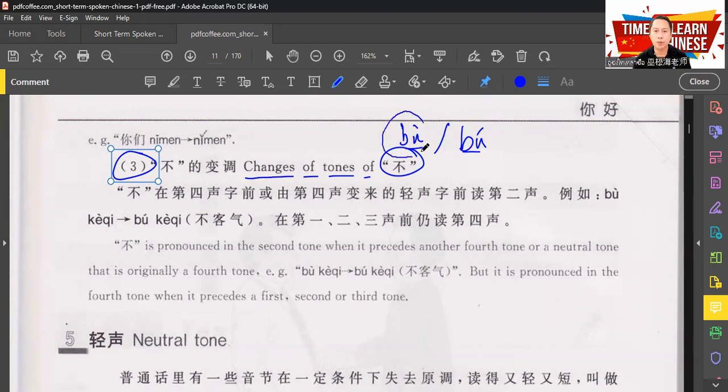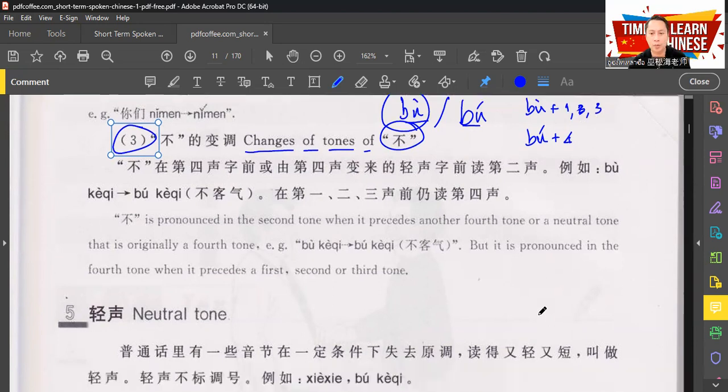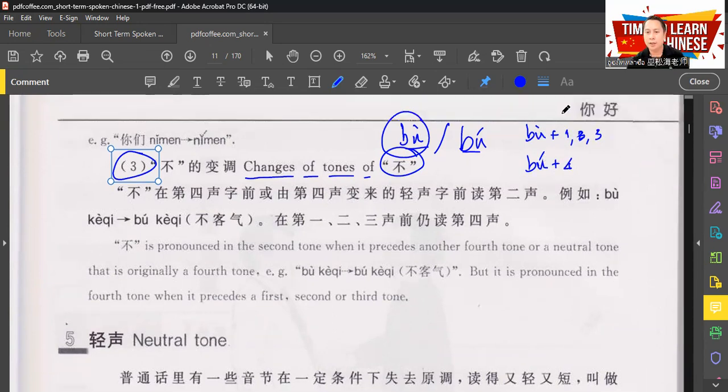When 不 is before the first tone, third tone, second tone, we use 不. But we will call 补 when 不 is before the fourth tone. For example, normally for this character, we will call 补 like this. Okay, you can see from this.